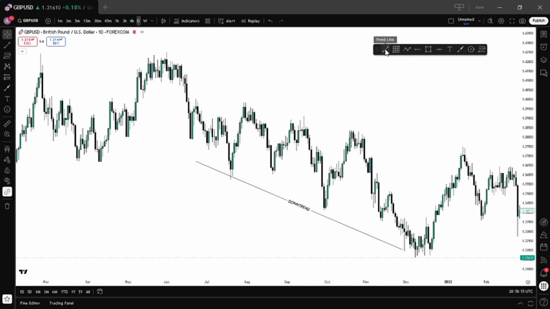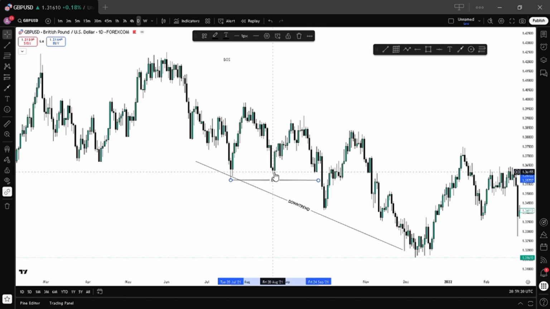So marking out our break of structure, we are going to get something like this. I will explain why this one is not a break of structure.